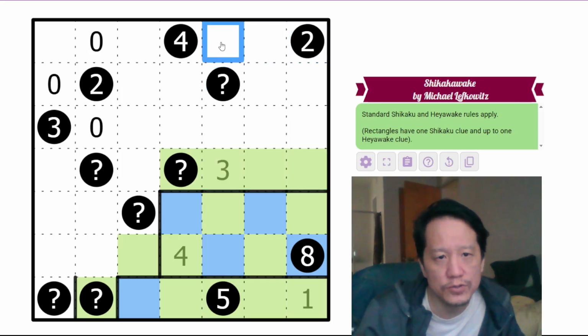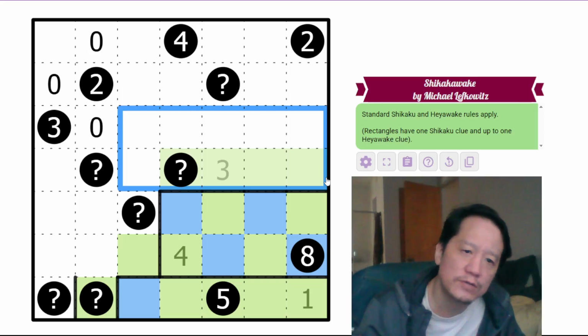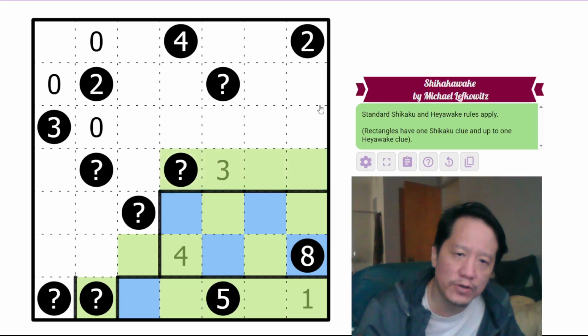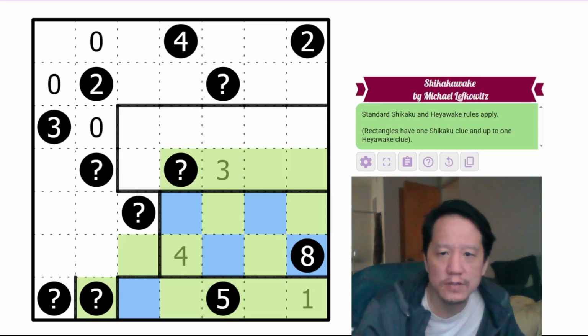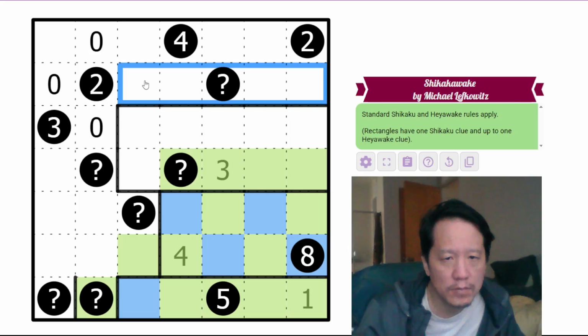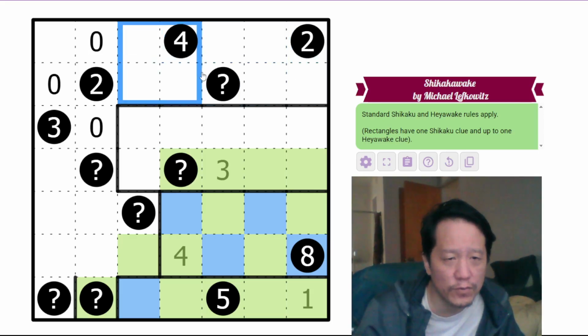So that could work with 2, 4, and then 3. That works that way. If this is a 10-cell region, rectangle, does that work is the kind of the question, right? You could have 2, 4, 4. You could have 5, 2, 4.